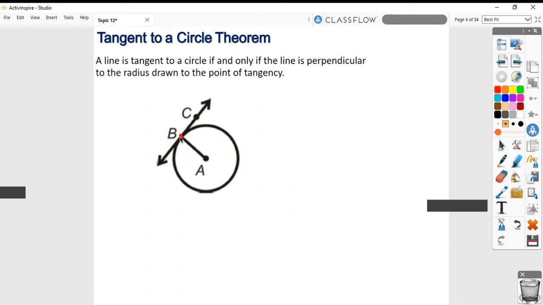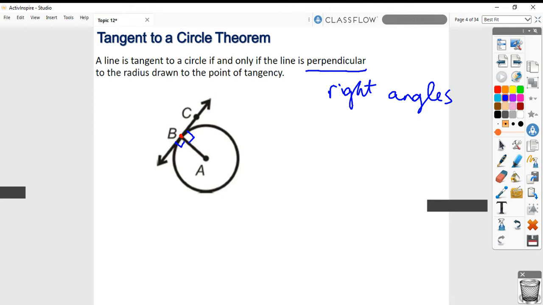What that means is if it is tangent, that means it makes a right angle with that radius AB. Okay, it makes right angles. It is perpendicular. That's what that means. It means it makes right angles.